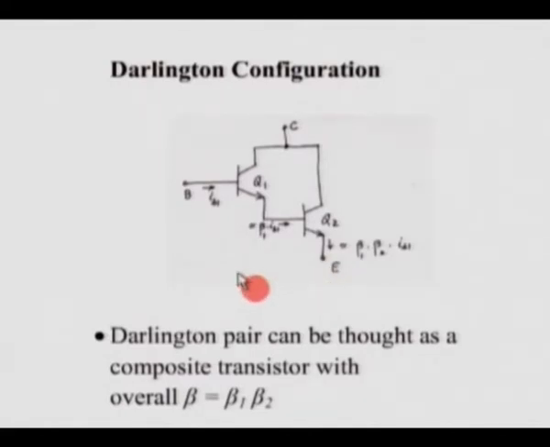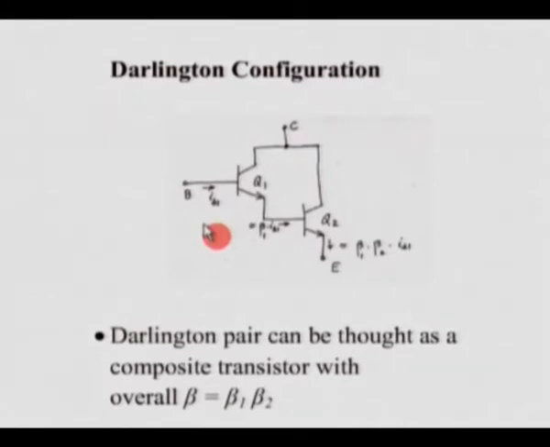So, if you consider the Darlington configuration as though it were a single BJT, then you could think of the base terminal of this compound device being that of the input of the first transistor, the collector being common, and the emitter terminal of this compound device being the emitter terminal of the second device.